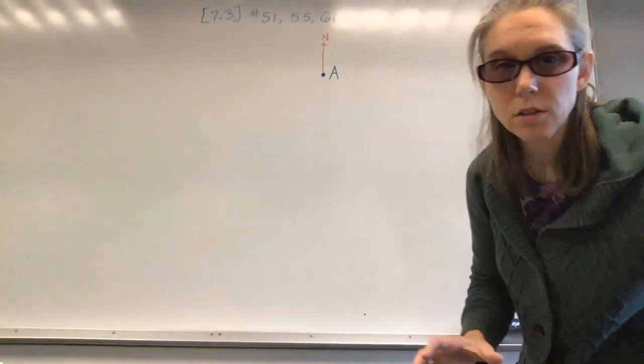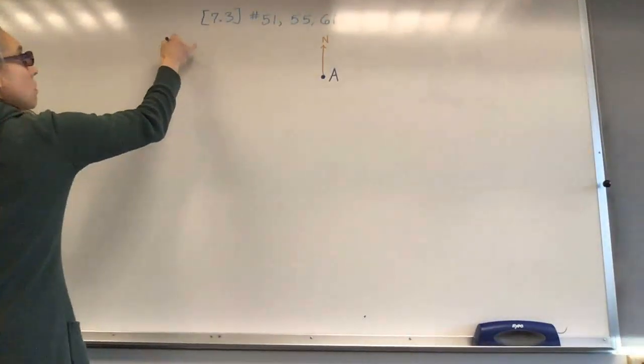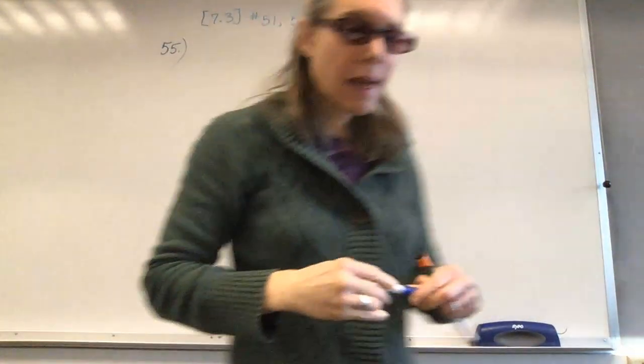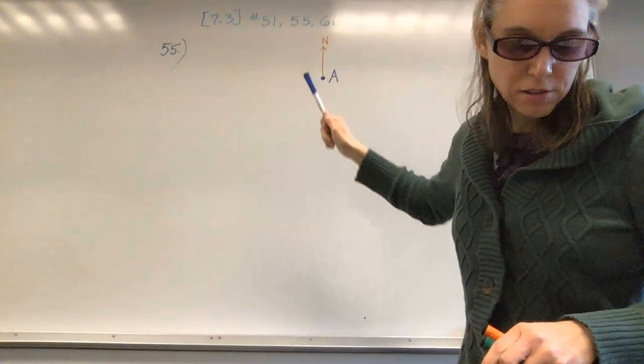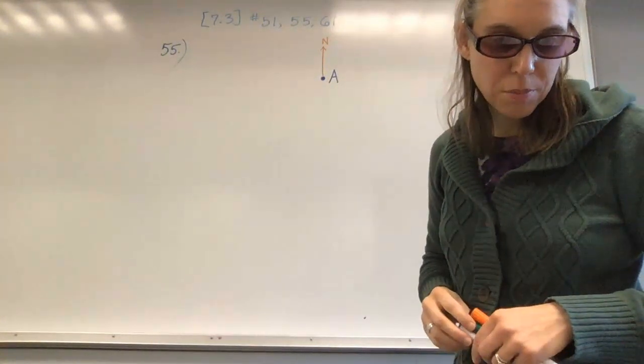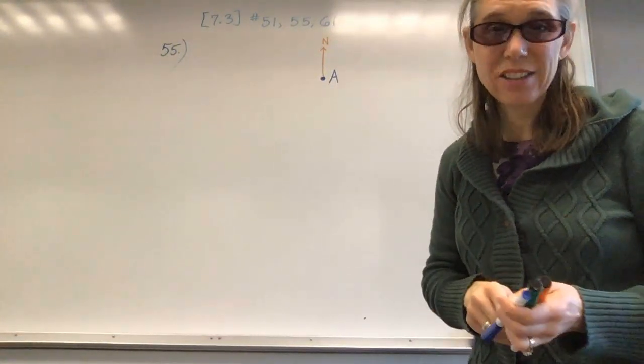Okay, so next we're going to do number 55. Number 55 starts at point A. Starting at point A, a ship sails 18.5 kilometers on a bearing of 189 degrees.